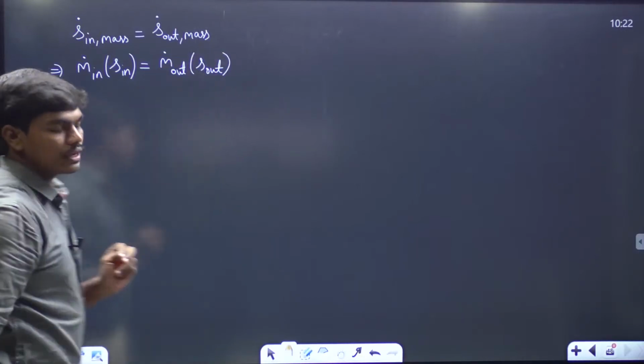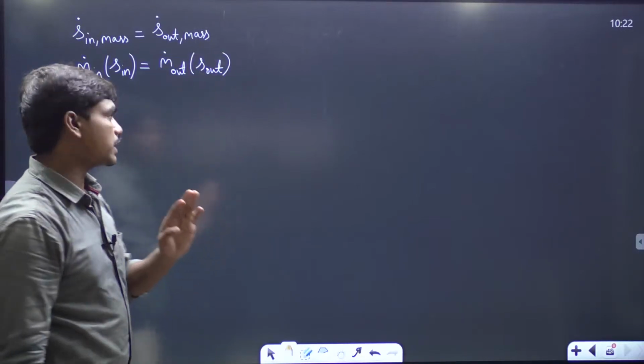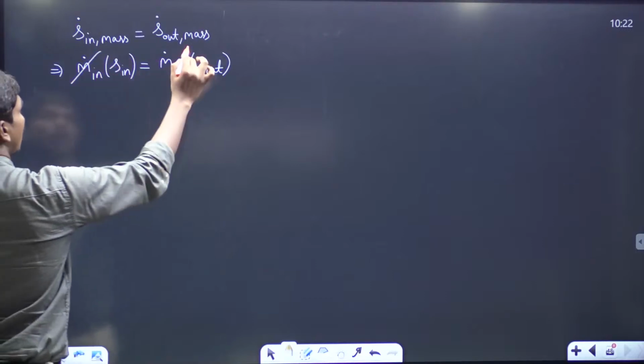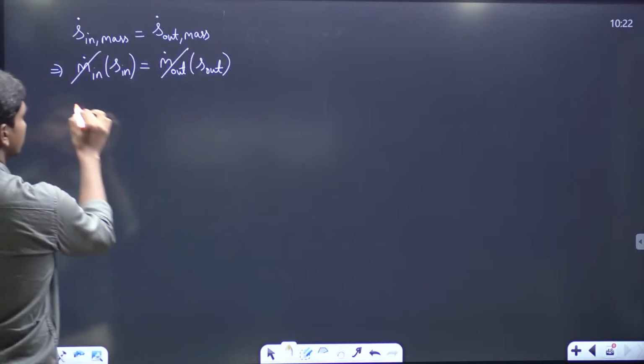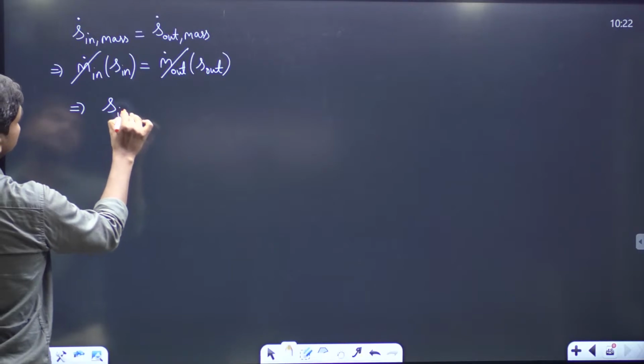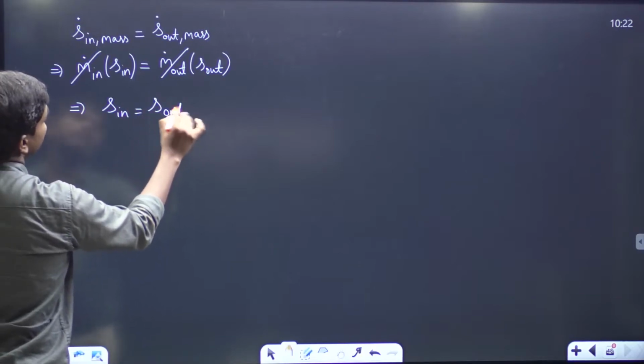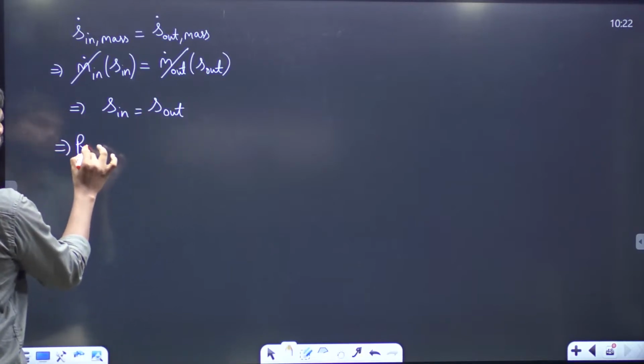But what do we know? If the system is operating under steady state, the in and out mass flow rates are the same. So you can cancel them, which means S at inlet is equal to S at outlet, which means the process is isentropic.